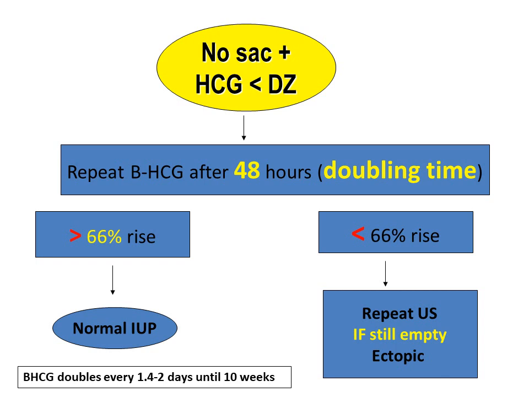But if the level of beta HCG rises but less than 66%, this is a case of ectopic pregnancy in most cases, and you have to repeat ultrasonography. If you don't see a gestation sac in utero, this is a case of ectopic pregnancy. So the doubling time is very important in differentiation between intrauterine pregnancy and extrauterine pregnancy. But if the level after 2 days decreases, this is a case of missed abortion.